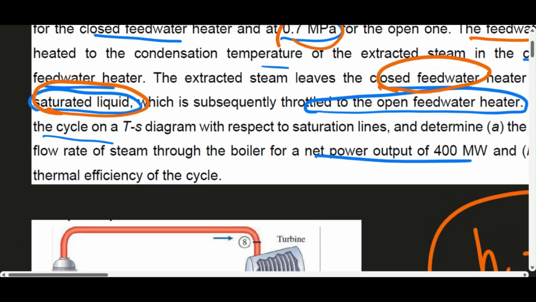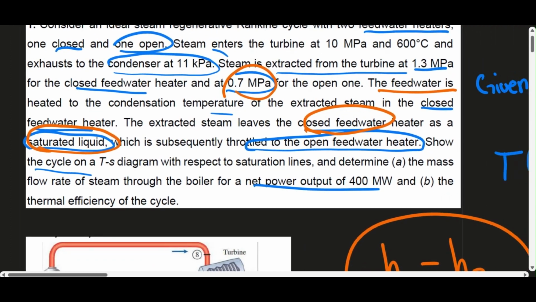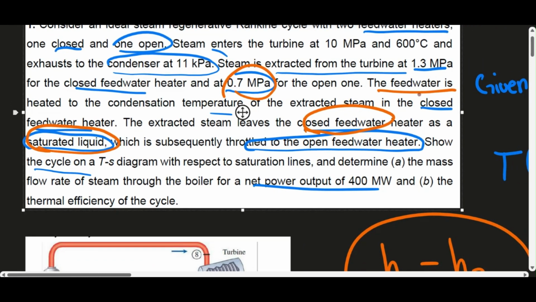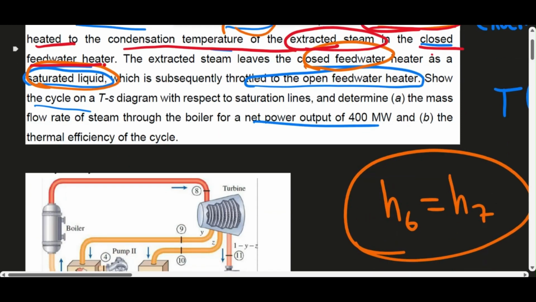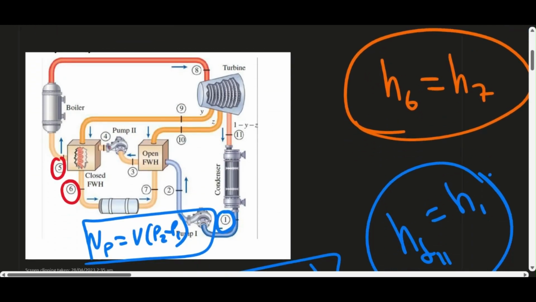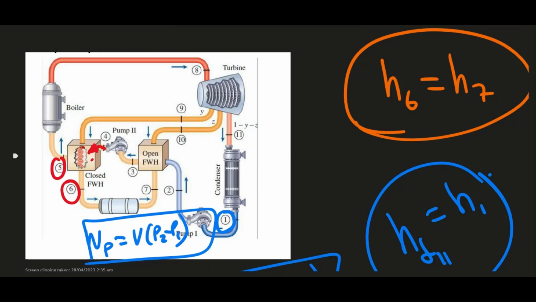The question tells us that the feed water is heated to the condensation temperature of the extracted steam in the closed feed water heater. That simply tells me that as feed water enters this closed feed water heater, it is heated to the temperature of the extracted steam.